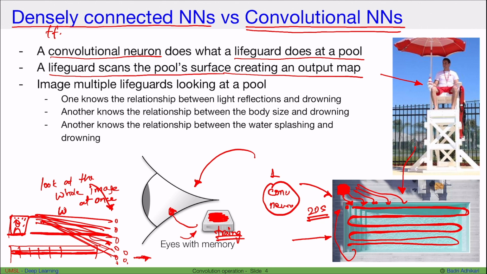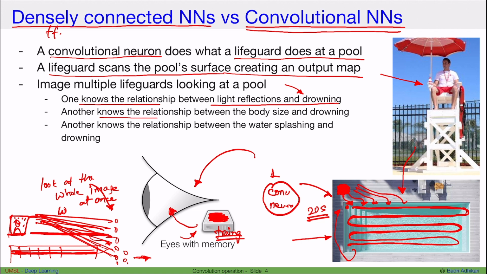Now, many times, instead of having one convolutional neuron that scans the entire swimming pool, or one lifeguard, you have multiple convolutional neurons, or here, multiple lifeguards. One lifeguard could focus on a particular aspect of the swimming pool. For example, one lifeguard may know the relationship between light reflection and drowning, so this lifeguard is very expert in identifying cases of drowning based on light reflections.